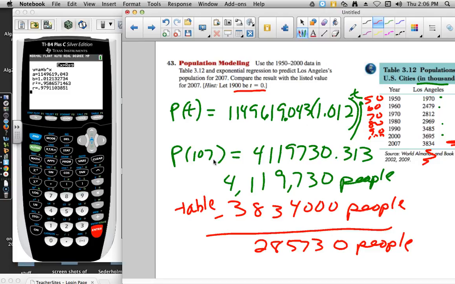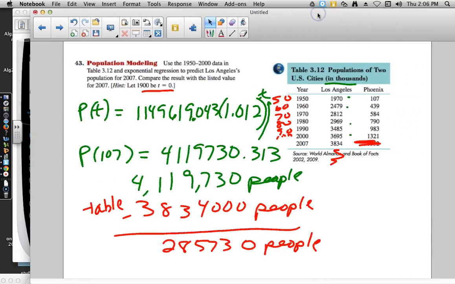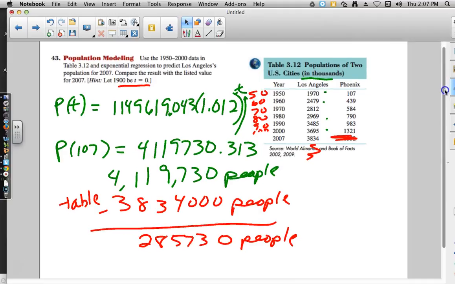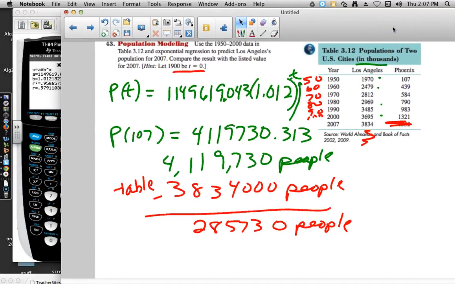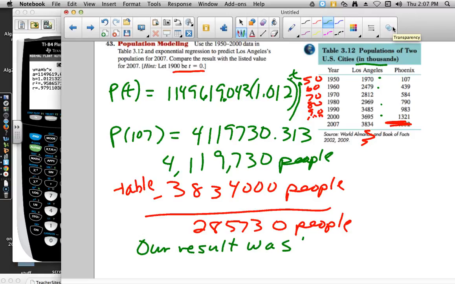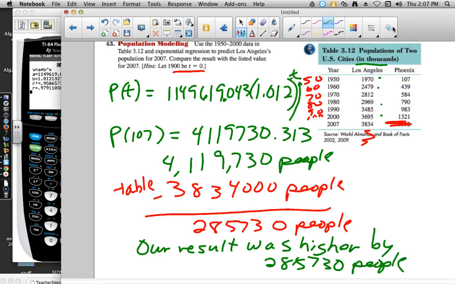That's how we would compare it. We would say that our result was higher by 285,730 people. And that's how we compared the results.